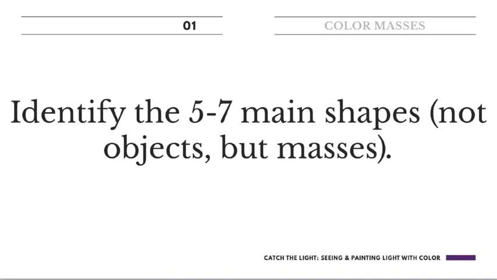So the three things that I think are really important in being able to see those color masses and then translate those into a painting, that first block in for a painting, goes back to the mantra that I've used in the past for creating a thumbnail. You need to identify the 5 to 7 main shapes, not objects, but masses. So pick out the 5 to 7 main color masses in the subject that you're working with.